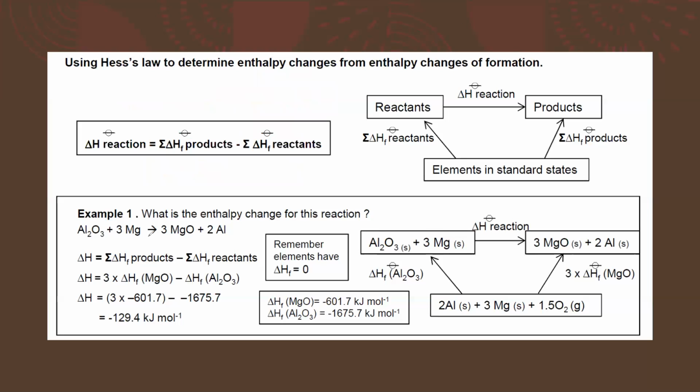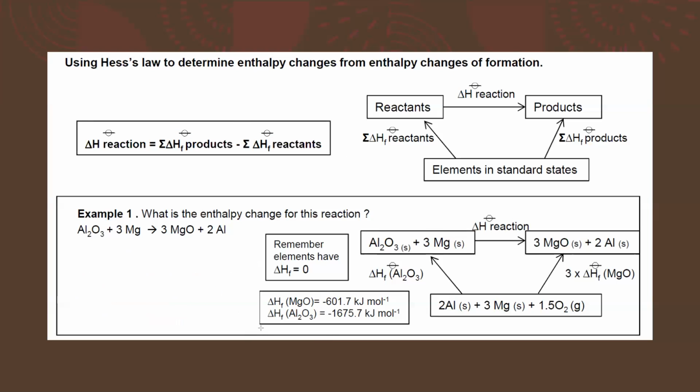Now, an example question: what is the enthalpy change of this reaction? Aluminium reacts with magnesium oxide, giving aluminium oxide plus magnesium, and the enthalpy change of formation is given. If the enthalpy change of formation is given, what will we do? We will add a link here.